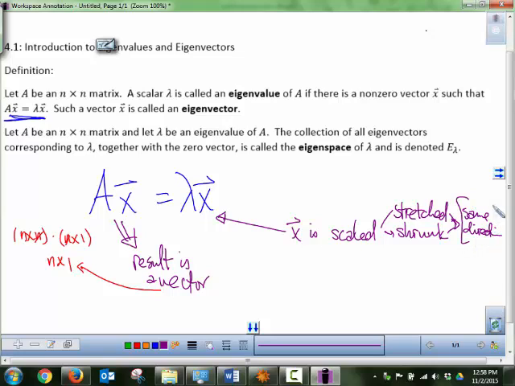So a scalar multiple, essentially, same direction as x. So it's saying if you multiply a matrix by your x value, and you get it to be going the same direction as x, or maybe the opposite direction, but it's collinear, it's parallel. Maybe parallel would be a better word for it. So if those vectors are parallel, then you have an eigenvector. And the eigenvalue here, lambda, just tells you how much to scale it.